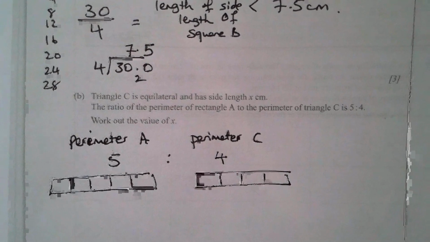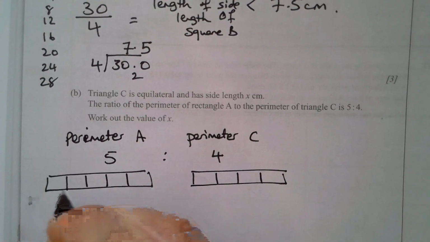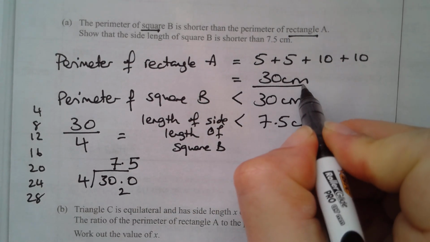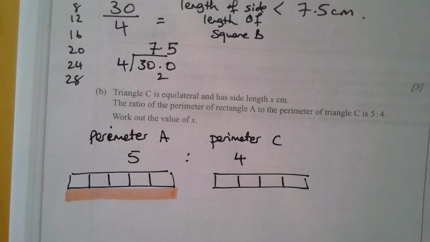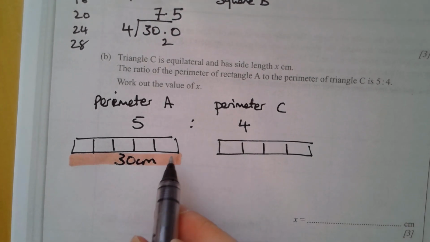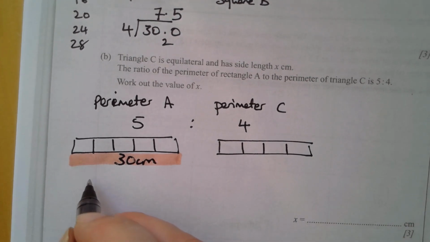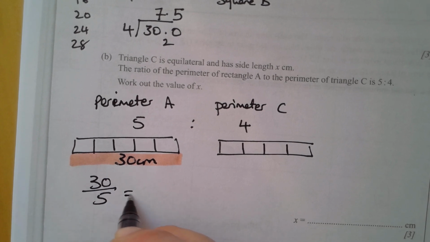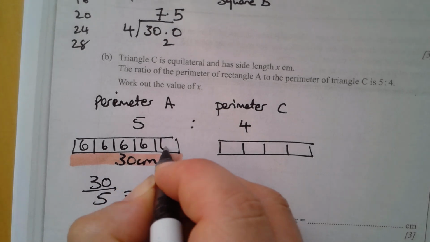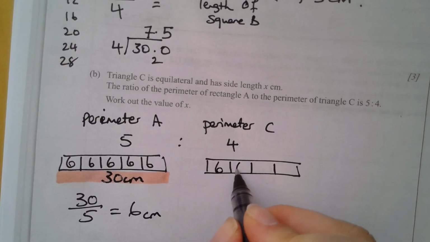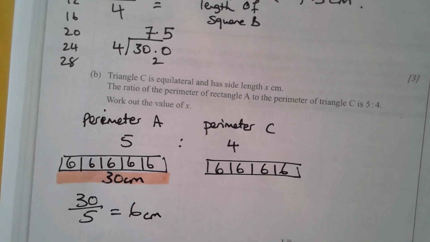Make sure they're big enough so you can write something inside them. And then we know that the perimeter A from here is 30 centimetres. So this length here is also 30 centimetres. What are each of those boxes? If we divide 30 centimetres equally by 5, equals 6 centimetres. So each of these are 6. And because it's a ratio, it means that all the boxes across here will also be 6.